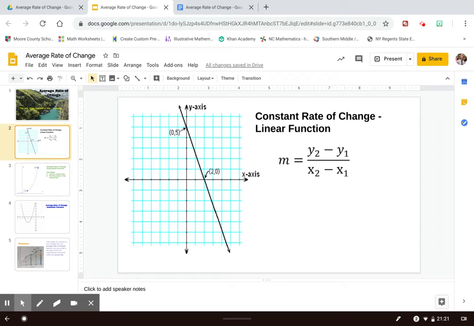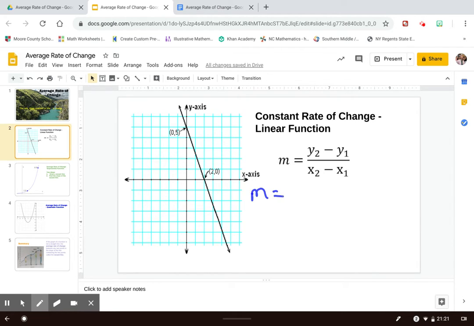We learned at the beginning of the year that a constant rate of change is seen in the linear function, and that we have our slope formula, which is m equals y2 minus y1 divided by x2 minus x1. That tells us the rate of change for this particular linear function.